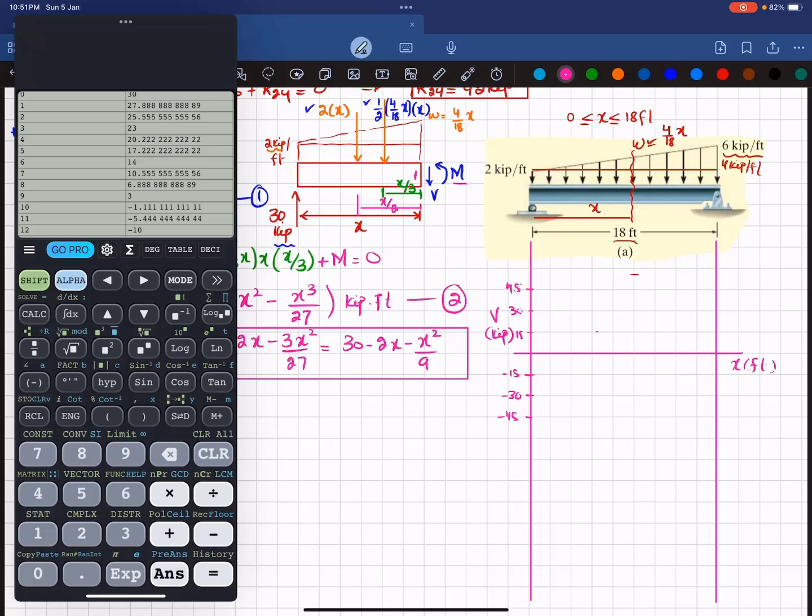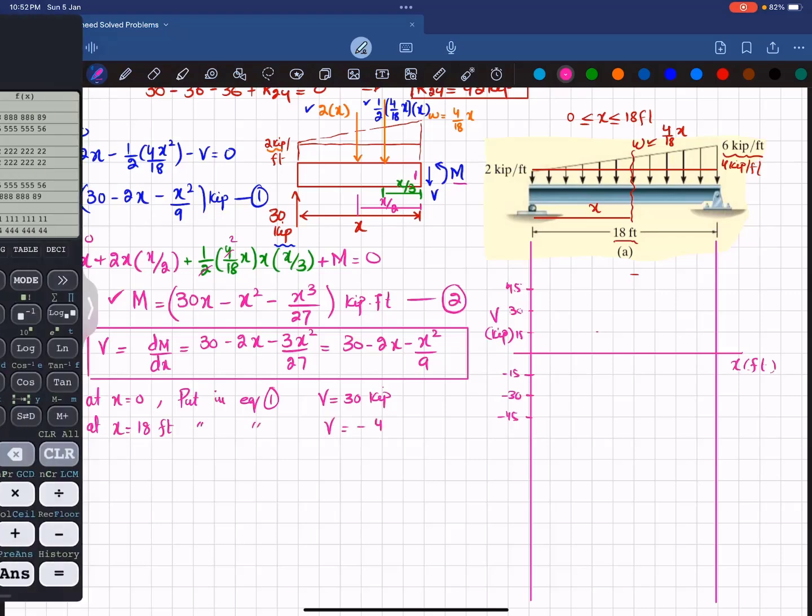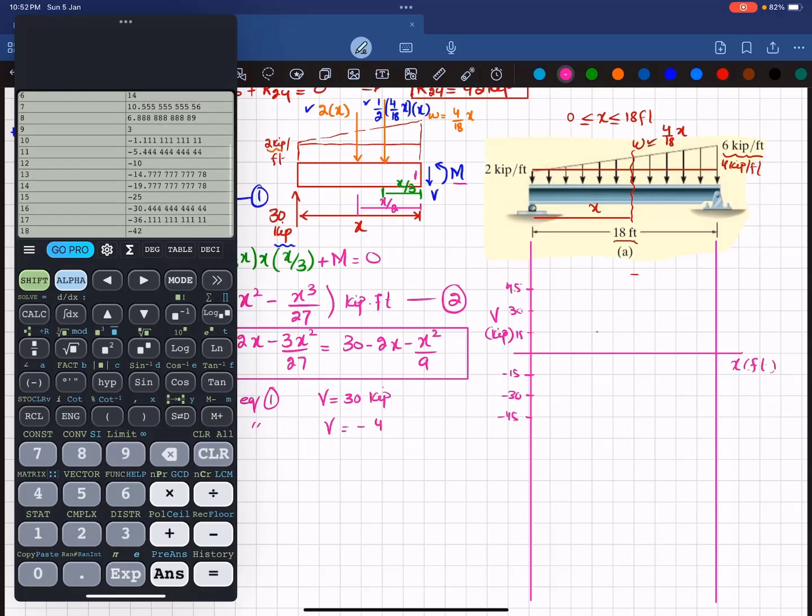I will draw directly two points and we will see what we get. At x equal to 0, put in equation 1, we get V equal to 30 kips. And at x equal to 18 feet, put in equation number 1, we get V equal to minus 42 kips.